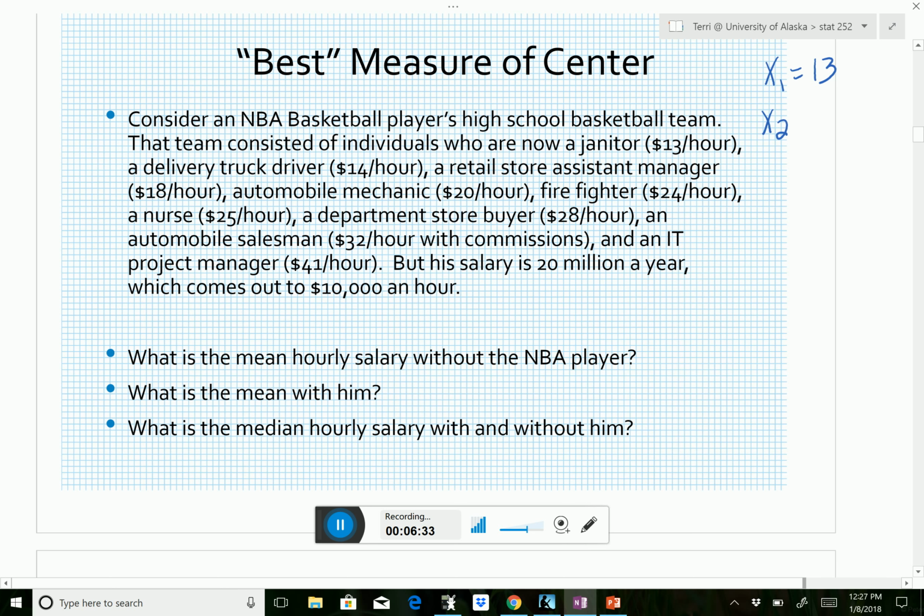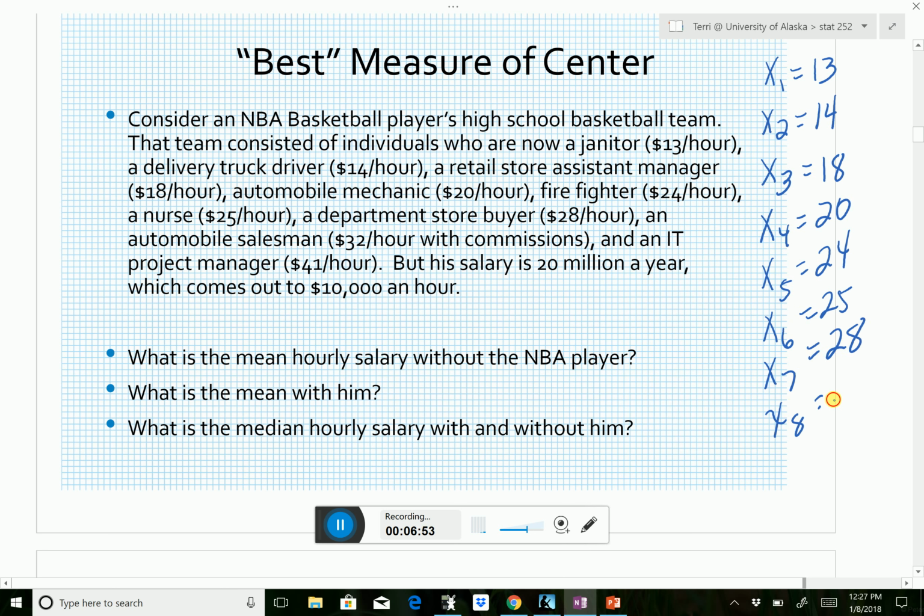X2, a delivery truck driver, makes 14. A retail store assistant manager makes 18 an hour. An automobile mechanic makes about 20. The firefighter makes 24. The nurse makes 25. The department store buyer, 28. An automobile salesman, 32 with commissions, but we'll just say that.